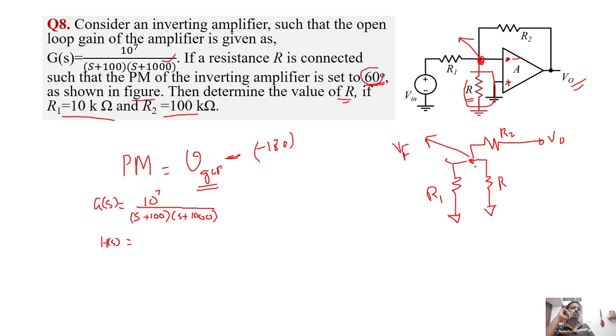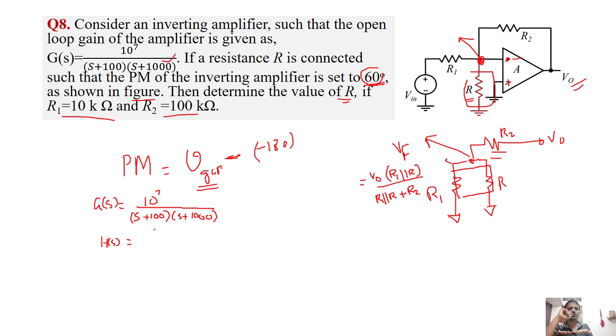So what is the feedback voltage here? Vf equal to V naught into (R1 parallel R) by (R1 parallel R plus R2), since this parallel configuration is in series with R2. So that's voltage distribution.